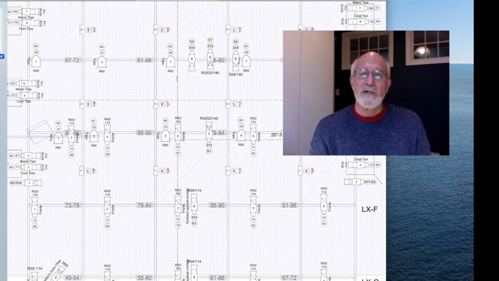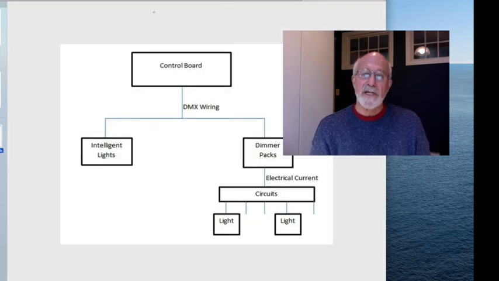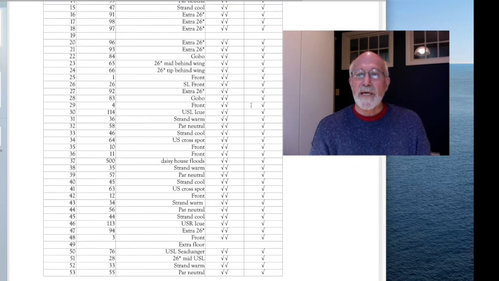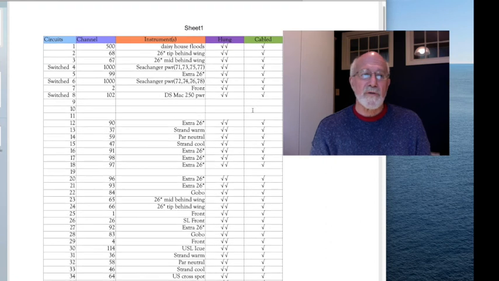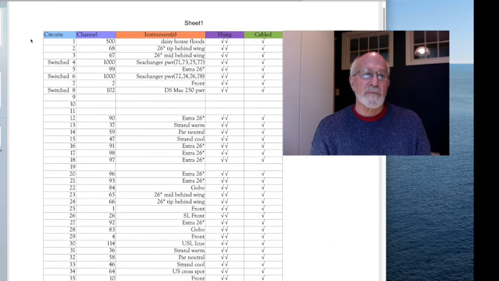When he's drawn that all up, all of this information is generated in Vectorworks, and it is comparatively simple for the program. You just call up a paperwork sheet once you've done the initial work, and you print out something like this.